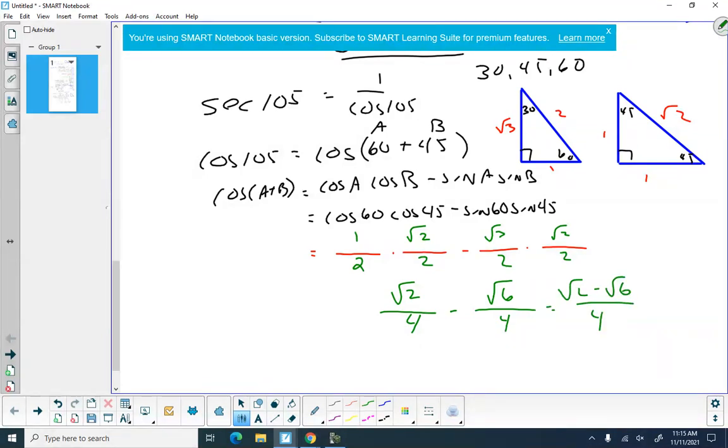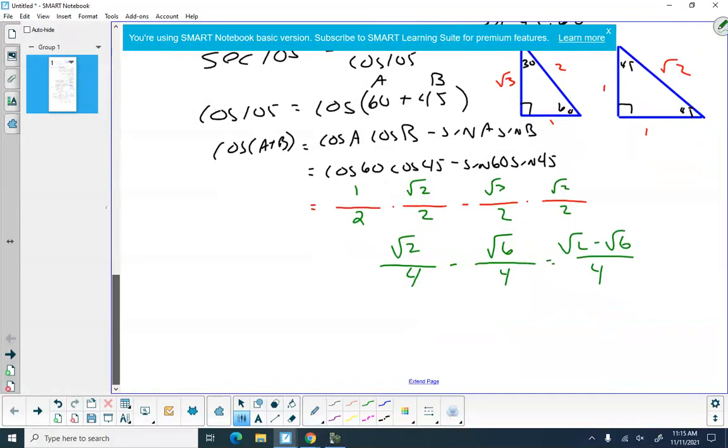But once again, that's the cosine. To get your secant, we have to flip. So the secant of 105 is the reciprocal of that, which is 4 over square root of 2 minus square root of 6. Now, if I give you this problem on the test and you get to this point, you'll get everything except for 1 point.